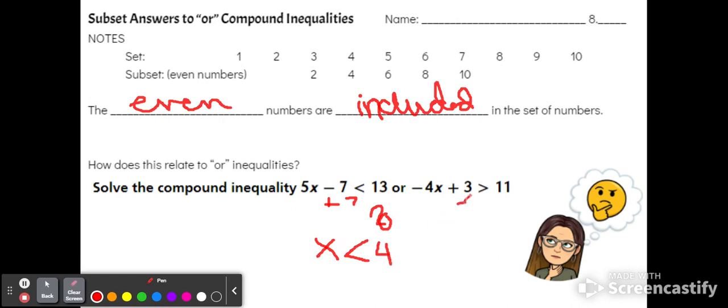Over here, I'm going to subtract the 3. I'm going to get 8 on that side, which means I'm going to divide by a -4, which means I'm going to flip. And so I'm going to end up with -2. Okay, so we have these two answers: x is less than -2 and x is less than 4.